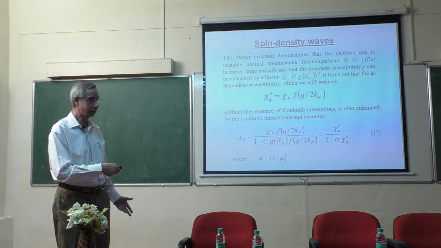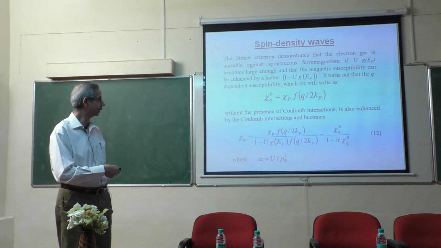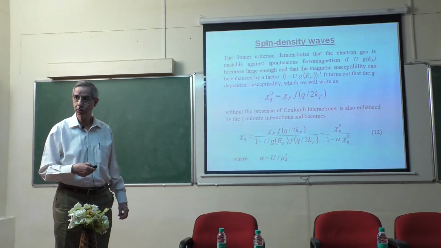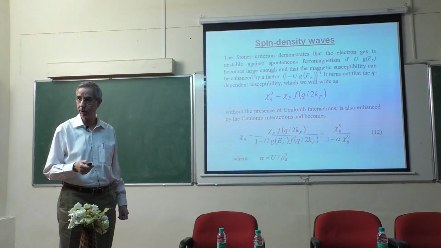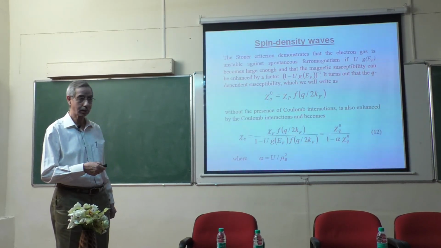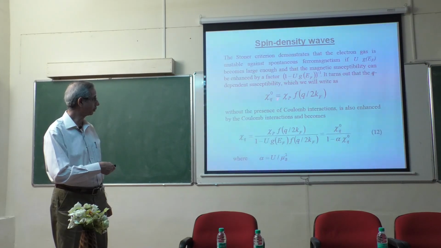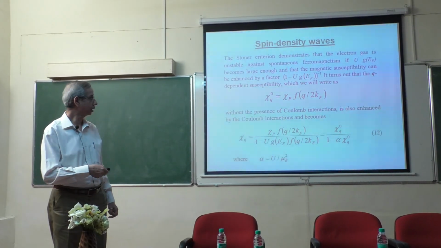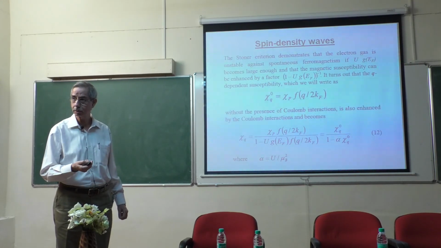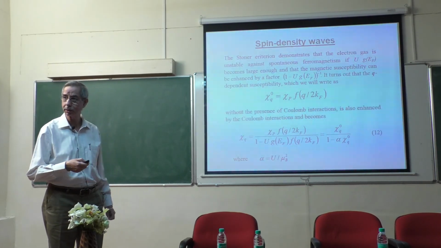You will see why this twice Kf is required later. First, let us write this Q dependent susceptibility in the absence of any Coulomb interactions. Then it is purely the Pauli susceptibility modulated by this factor, which is a function of Q by twice Kf.